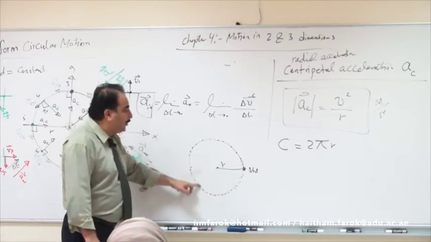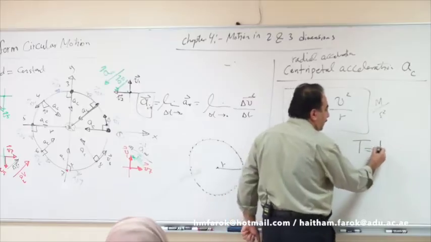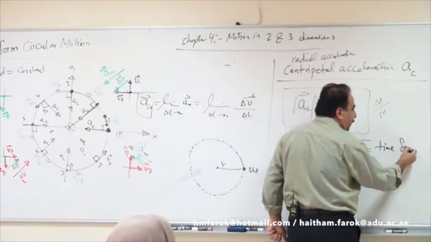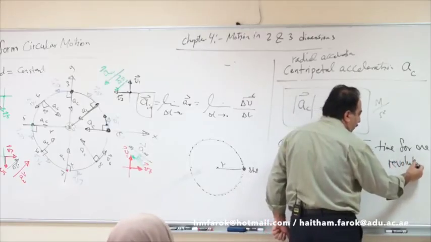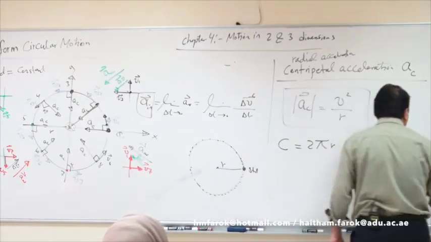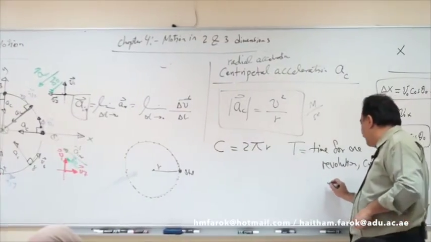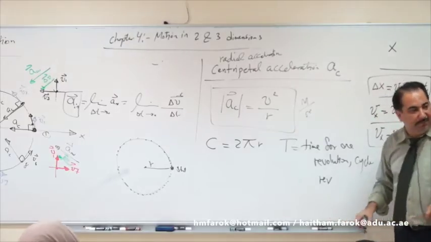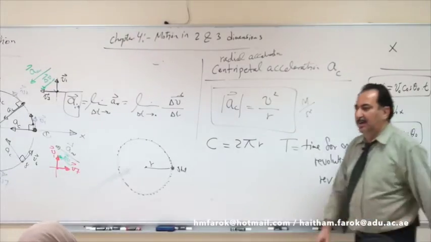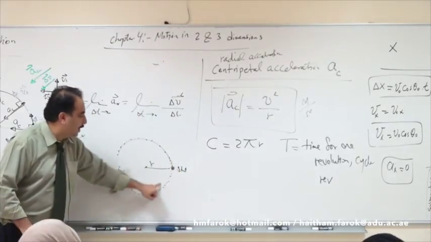So from here back to there, we call it capital T. Capital T is time for one revolution, or one cycle. The word revolution, we abbreviate it to rev, R-E-V, yeah? Rev.